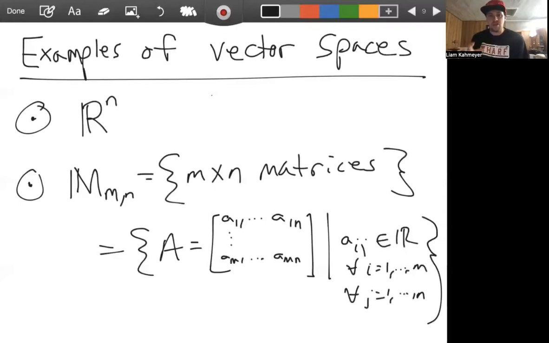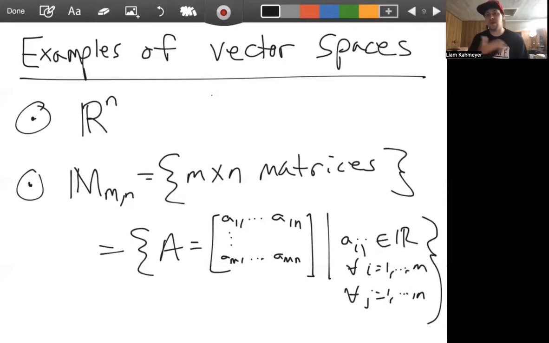Understanding this as the collection of m by n matrices, what operations do we have on matrices? We've proven matrix addition and all the properties before. We've shown that if you add two m by n matrices, the result is an m by n matrix, showing it's closed under matrix addition.